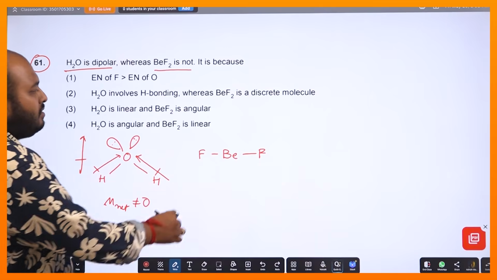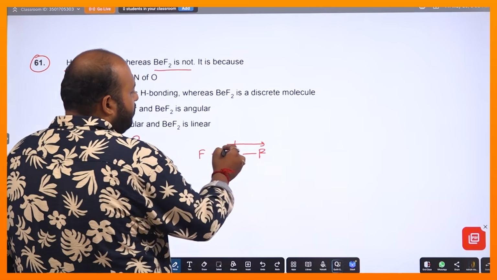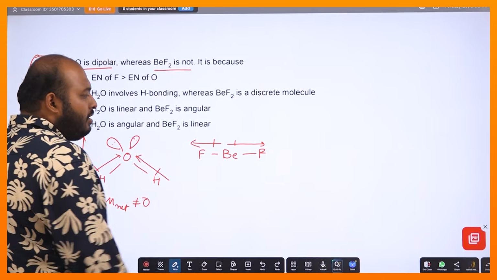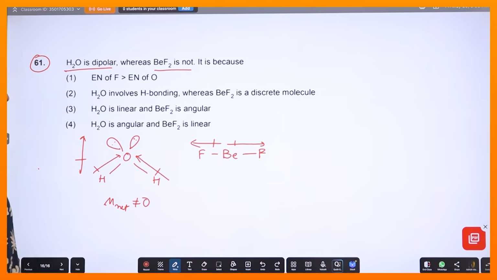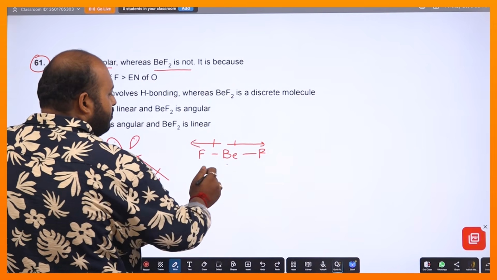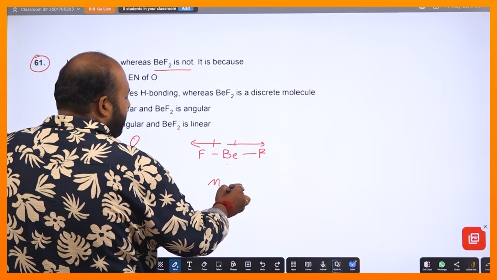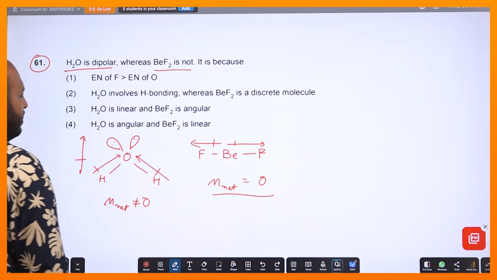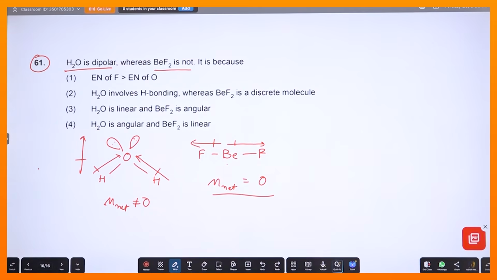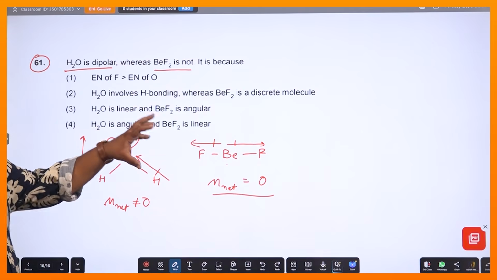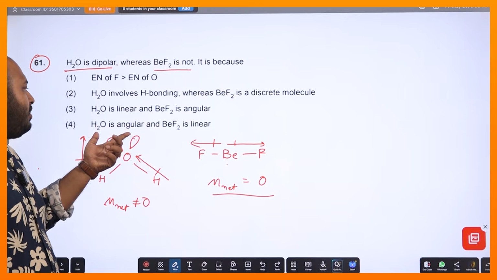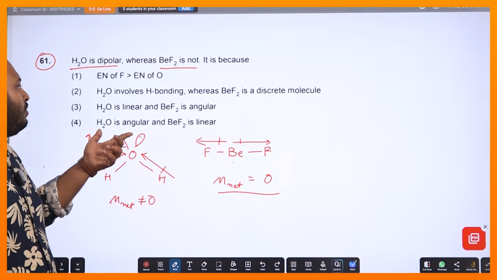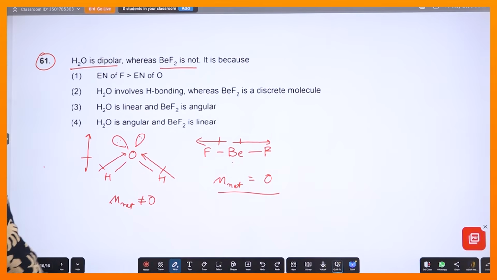But in this case, though individual bonds have a dipole moment vector, they cancel each other out as they are of the same magnitude. So the net dipole moment for the BeF2 molecule will be 0. It is mainly due to the geometry of the molecules H2O and BeF2. So the correct option will be option 4.